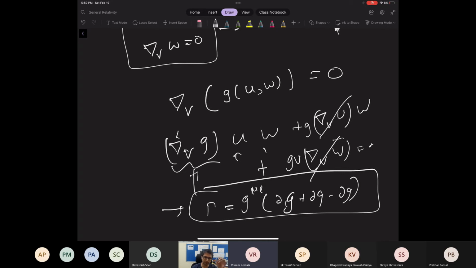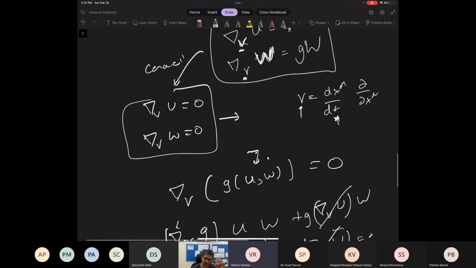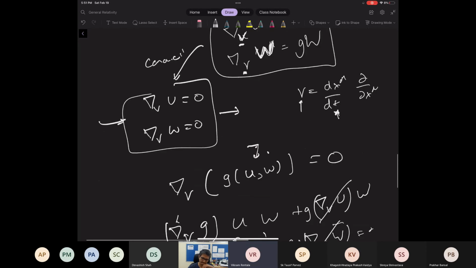So the important thing was that the norms of the vectors under parallel transport are preserved under the assumption that you have chosen a canonical parameterization for the trajectories.